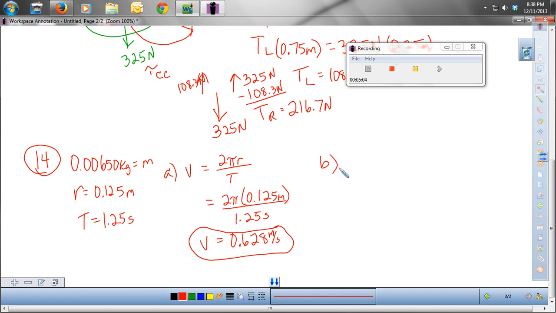Okay, and then part B says that the rate of rotation is gradually increased. The coefficient of static friction between the coin and the disc is 0.350. Determine the linear speed of the coin when it just begins to slip. Well, the centripetal force is provided by the friction, so I can say mv squared over r is equal to mu mg, because that's my normal force.